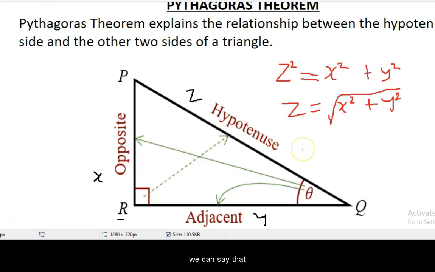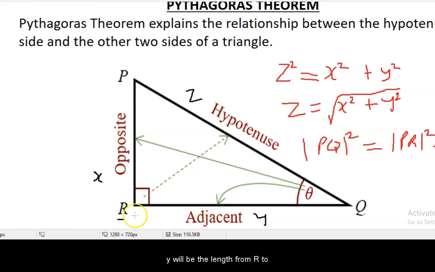In other words, we can say that PQ square, the hypotenuse z, is the length of the side from P to Q. That's what makes it PQ, the length of PQ square, equals x, which will be the length from P to R. So that's PR square, plus y, which will be the length from R to Q, RQ square.